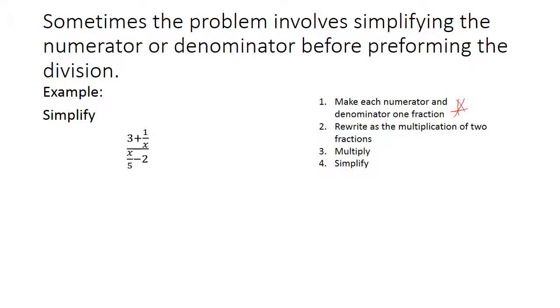Now, in order to do that, I need to make common denominators looking at both my numerator and my denominator. So sometimes I like to break this up. Here's my numerator, here's my denominator. Okay, so I would have 3 plus 1 over x. That's my numerator. If I want to turn that into one fraction, I need to make common denominators within this numerator.